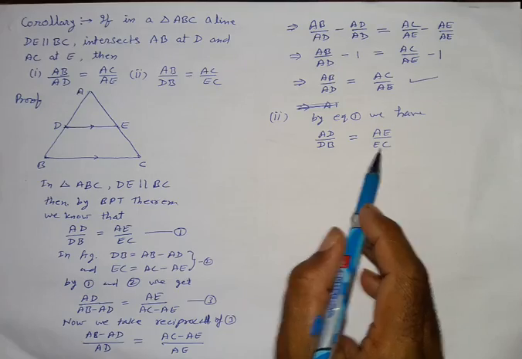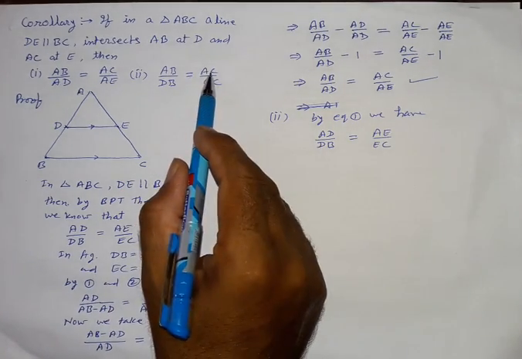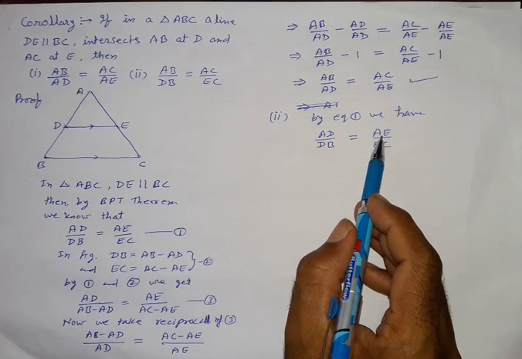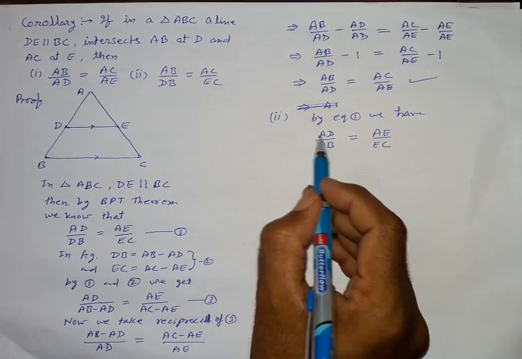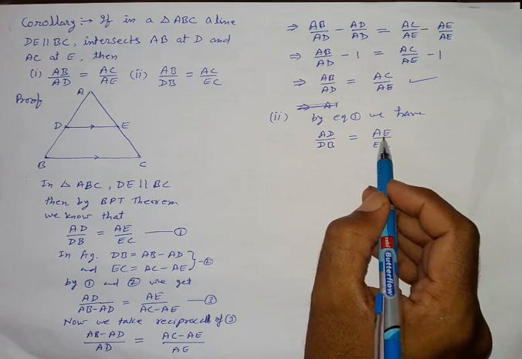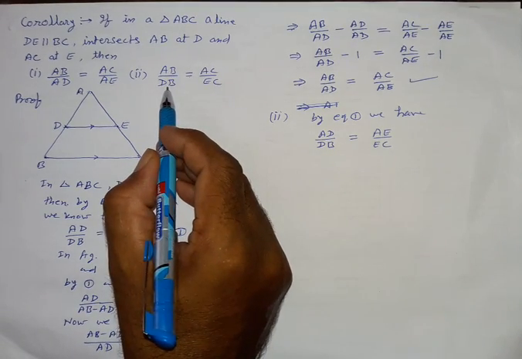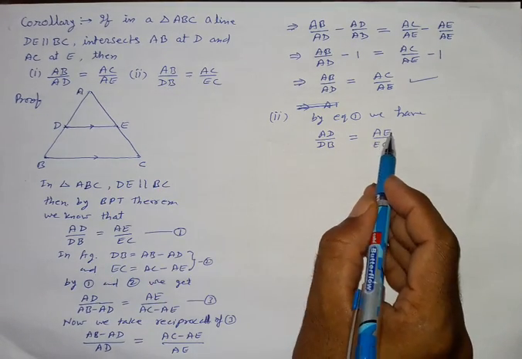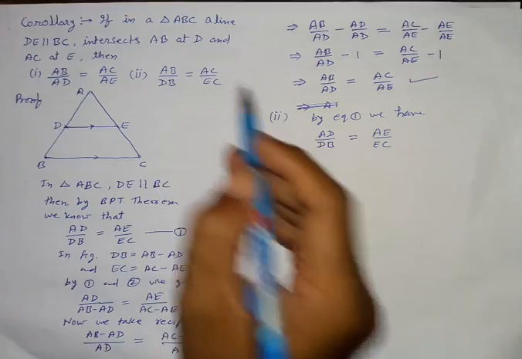And the difference is, here is AB and here is AD, here AC and here AE. So we have to remove here AD and here AE, and we put the value of AD in terms of AB and DB, and the value of AE in terms of AC and EC.